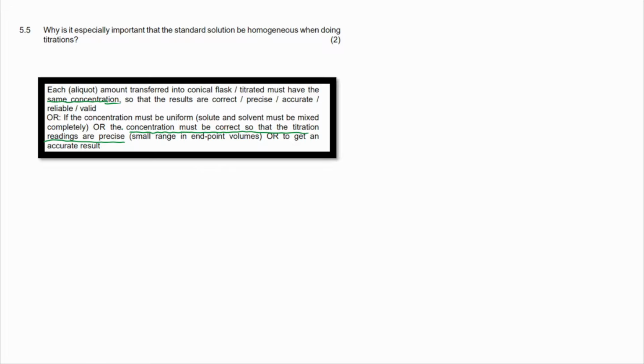I'd probably use the second one here. What's very interesting is you can literally just say, to get an accurate result. For 2 marks, you could just say that, which is pretty simple. I know a lot of people overthink these questions, but yeah, you could just say to get an accurate result. For me, I would just say, well, you have to have the correct concentration so that your titration readings are precise.